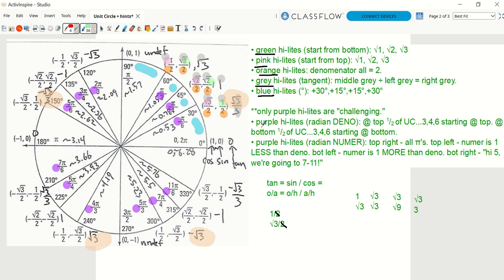And so we just did this right here. Now let's talk about the numerators of the radians. So the top right, it's all going to be pi's.